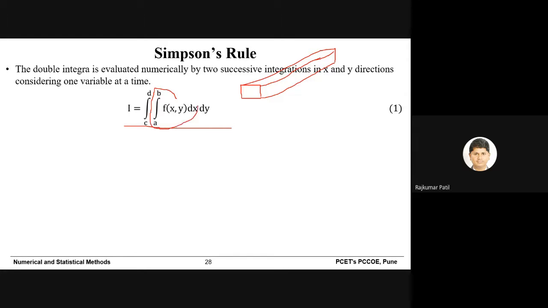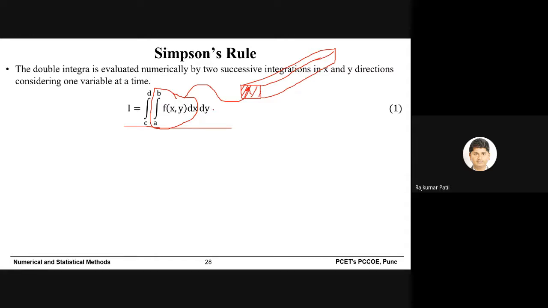You can see I circled a part, integration a to b f of xy dx. When you take this integration, in case of a rectangular box, you are calculating the cross section area of this box.